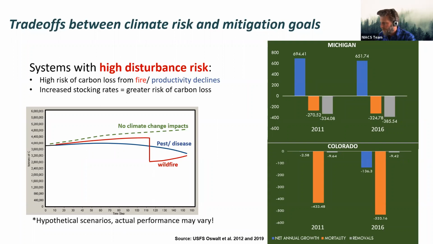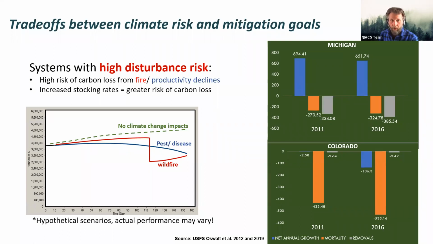In Michigan, those blue bars are the net annual growth, and you can see net annual growth is really high, and the mortality and removals that are shown in orange and gray are much lower. And so Michigan is a net carbon sink here, because growth outweighs the mortality and removals.